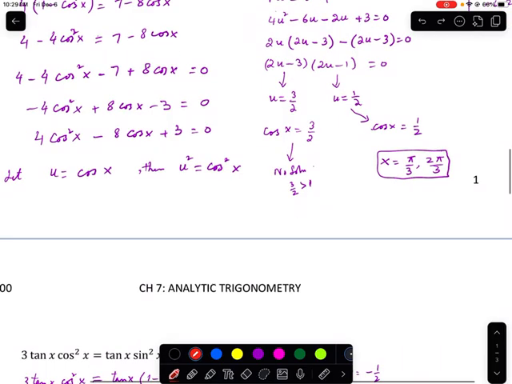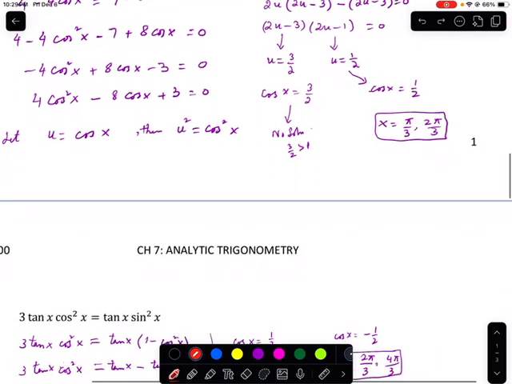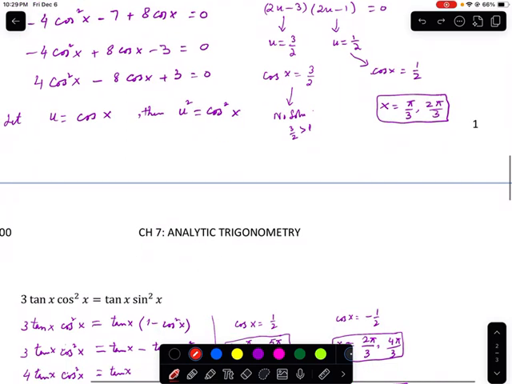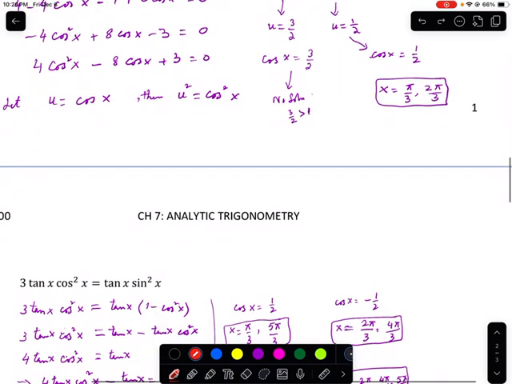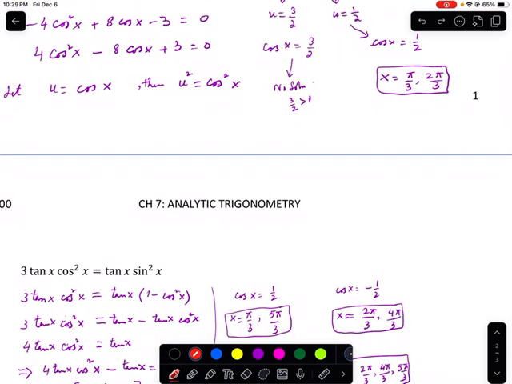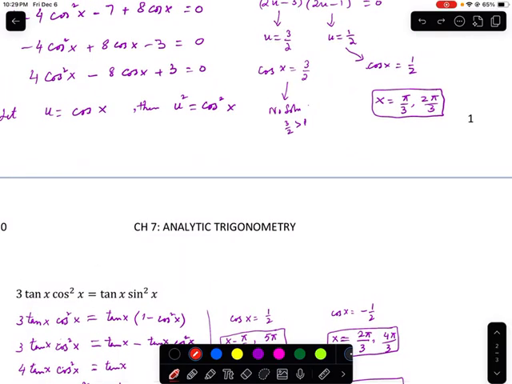So cosine of x is equal to 3/2 will not be a solution, and cosine equal to 1/2 will be a solution with x is equal to pi over 3 and 2 pi over 3, because remember x is positive, is over here.